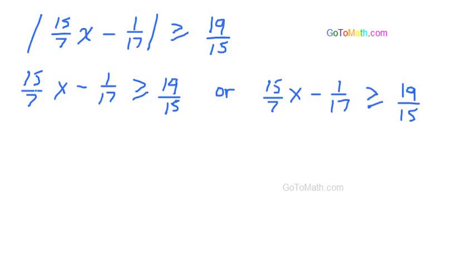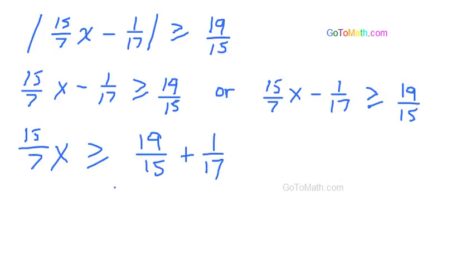Okay, what do we got going on here? Let's do this one. Take this negative 1 over 17 to the right. So we have 15 over 7x is greater than or equal to 19 over 15 plus 1 over 17. We're going to need to get that into one nice fraction.